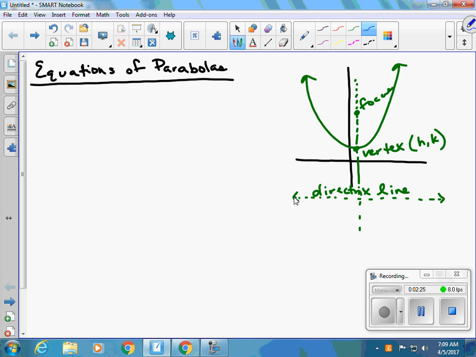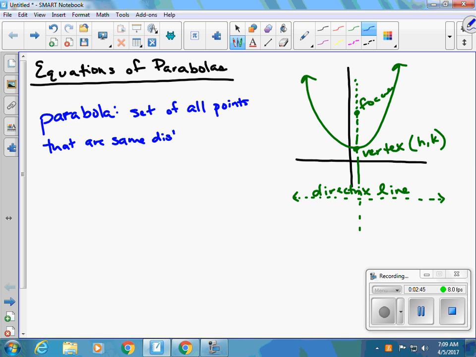So by definition, a parabola is a set of all points that are the same distance from the focus and directrix.